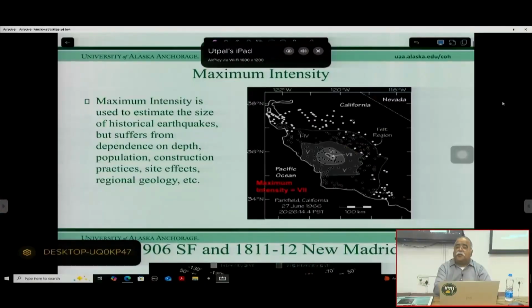So first of all, let me show you one cartoon, which is the maximum intensity earthquake.